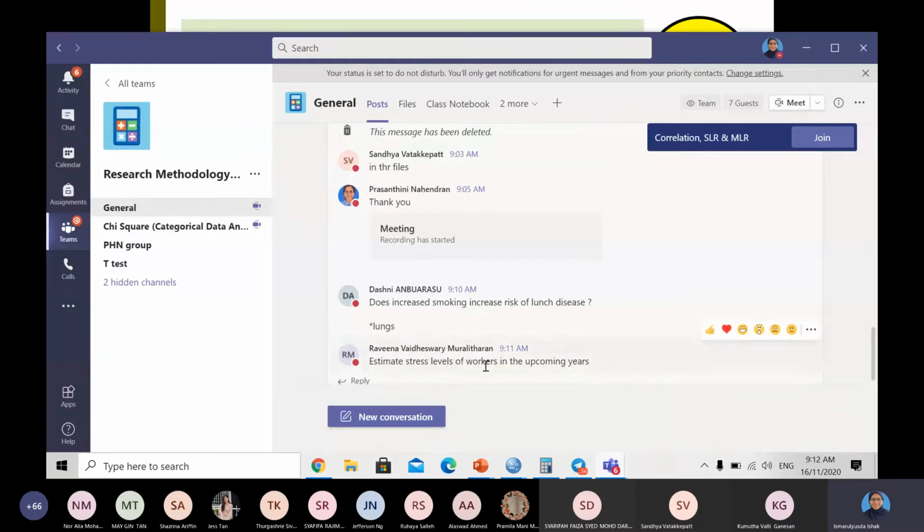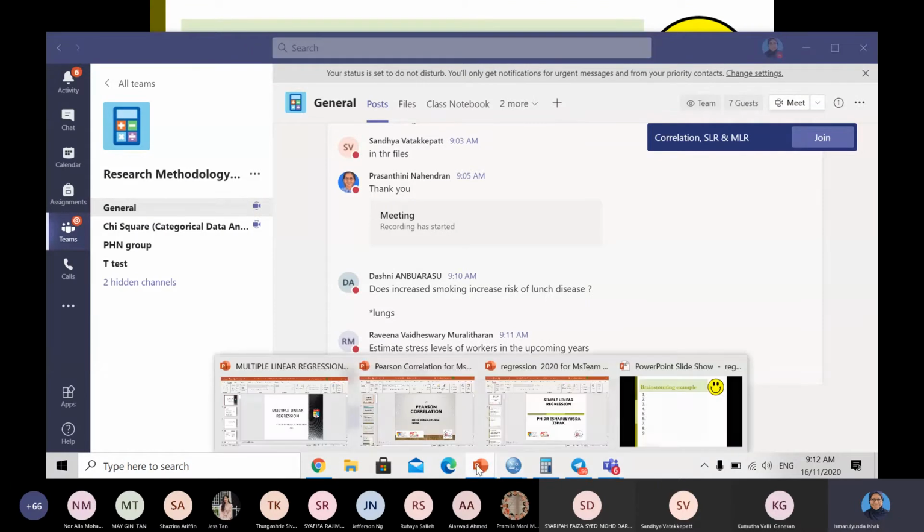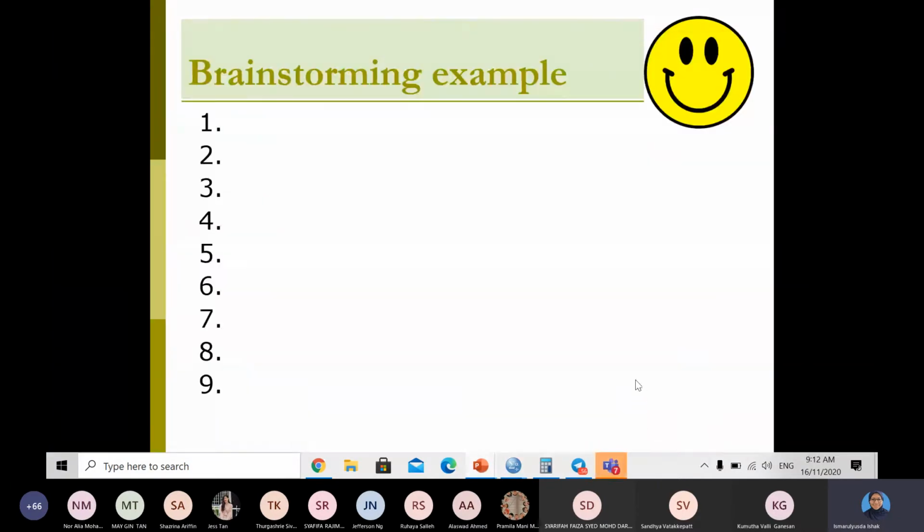Estimate, that is one variable already, but what are the other variables? Estimate stress levels is the one dependent variable in the coming years, maybe with another variable. Like this, yes, smoking is one variable, disease is also one variable. Okay, other than that, none. Alright, good. For the introduction.